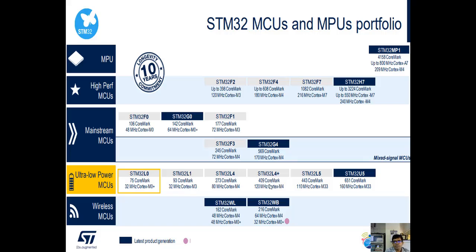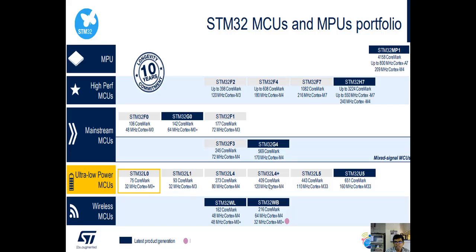ST has various types of controllers for various target applications: high performance microcontrollers, mainstream microcontrollers, ultra low power microcontrollers, and controllers used for wireless applications, which they call wireless MCUs. These are some of the MCU and MPU families.